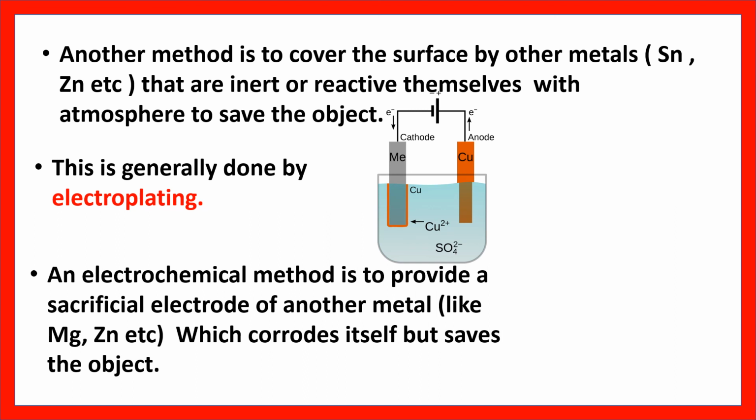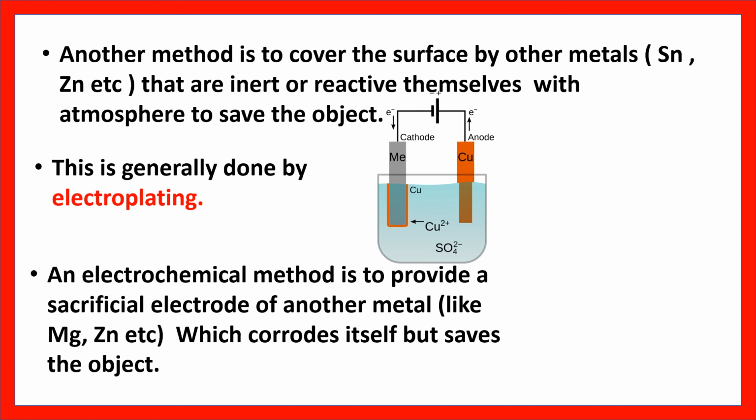An electrochemical method is to provide a sacrificial electrode of another metal like magnesium, zinc, etc., which corrodes itself but saves the object. When we coat one metal on another, the metal which is coated as the top layer is the one that corrodes, not the internal metal.